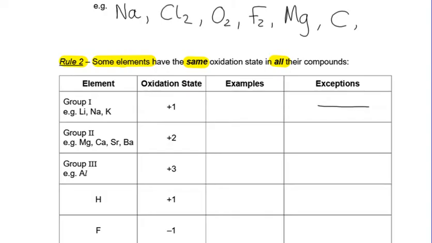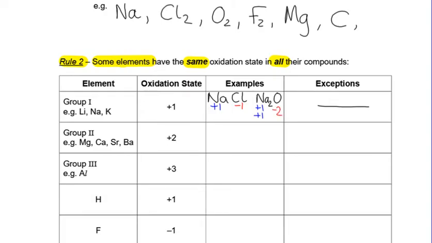So in NaCl, the Na is +1, and to balance that out, the Cl would be -1. If we looked at something like Na2O, because we know that the Na is always +1, and we've got 2 of those, we're going to work out that the O must be -2.